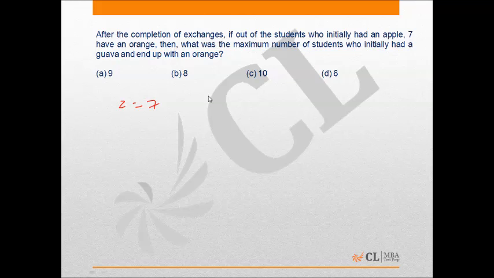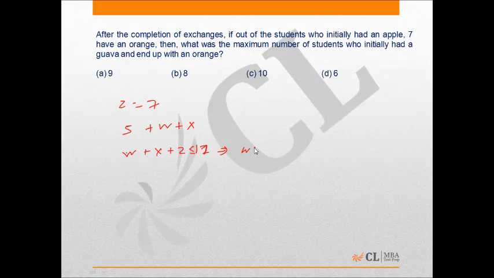The number of students who initially had guava and ended up with an orange is 5 plus W plus X, and we also know that W plus X plus Z is less than or equal to 11, and that the value of Z is 7.